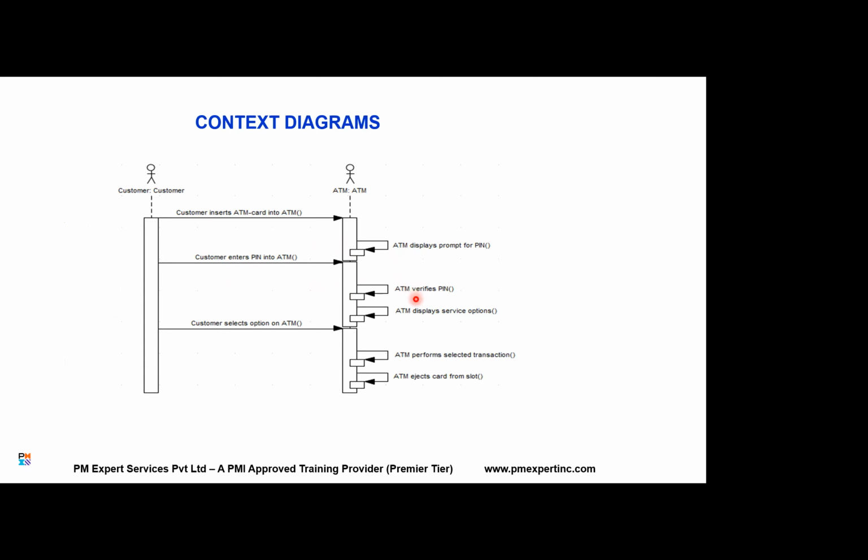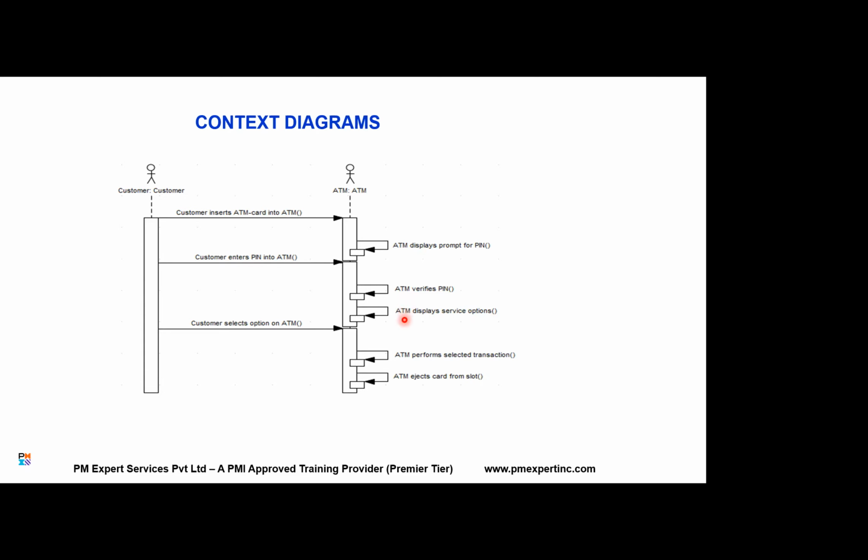I have not shown the whole system. In a whole sequence diagram, it might show how the request goes to the application server, and some business logic might run here. Then from this application server, it goes into the database server. This is how the ATM verifies the PIN.